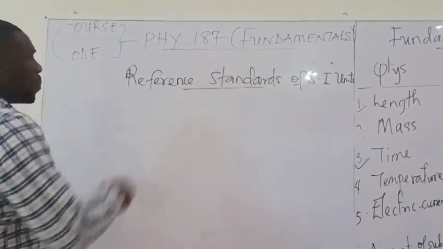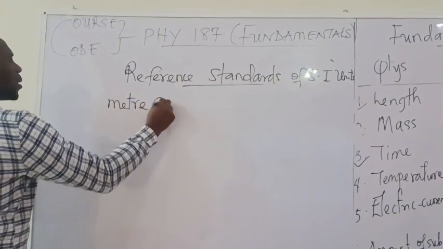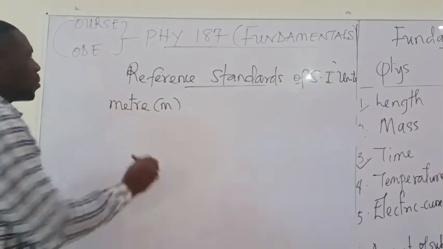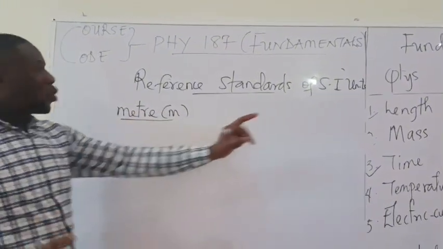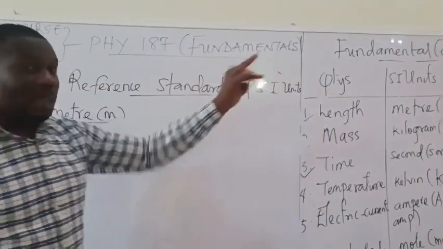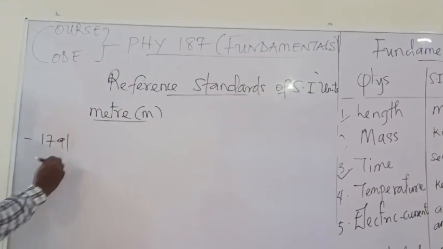The meter, gotten from the Greek word metron, which means a measure of something, was actually defined, that's the standard for the meter, in 1791.